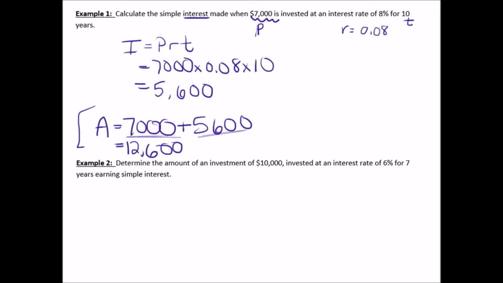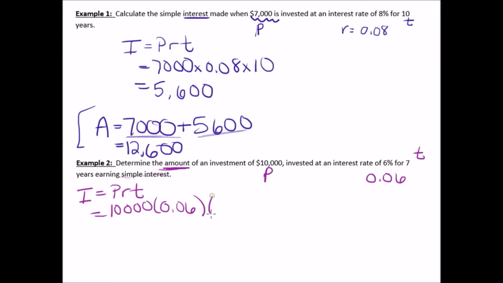Now example 2, determine the amount, so this one will ask for that, of an investment of $10,000, which is the principal, invested at an interest rate of 6% for 7 years, earning simple interest. Let's figure out the amount of interest first. So PRT: 10,000, the rate is 6%, and it's going in for 7 years.